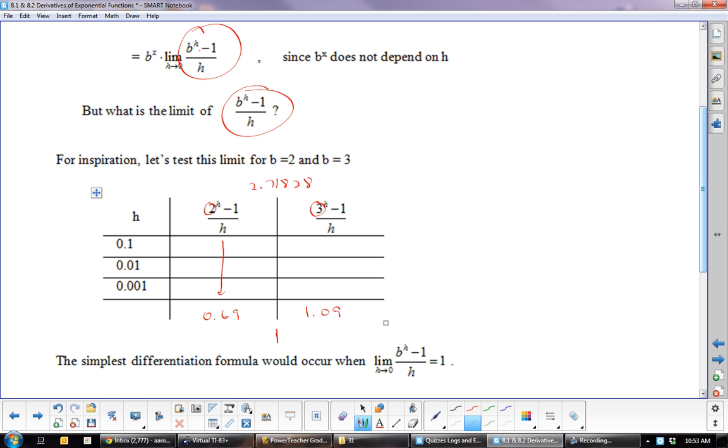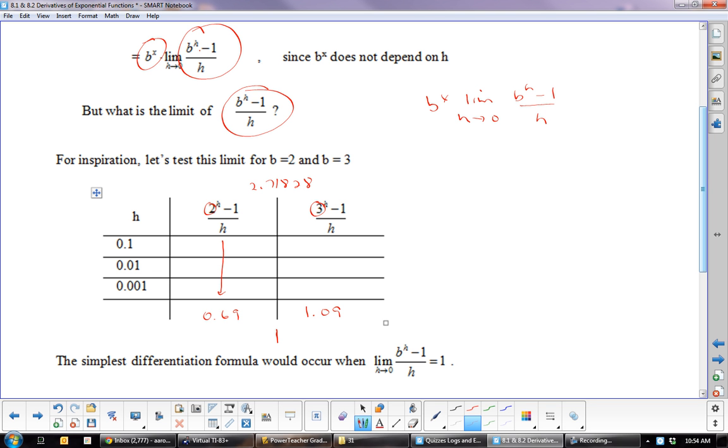If that's your base, then the derivative of b to the x times, as h goes to 0, the limit of b to the h minus 1 over h.